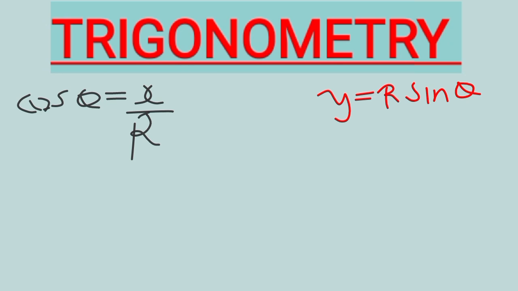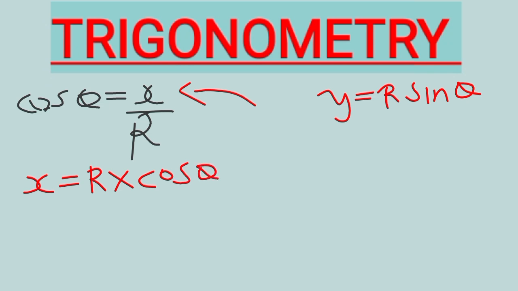So even here, let us do the same. Let us try and make x the subject. Let us make that variable our subject. So it is going to be x will be equal to r times cos theta. So if we multiply r cos theta, we are simply going to get x as r cos theta.